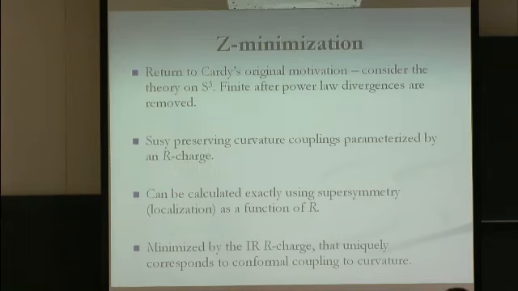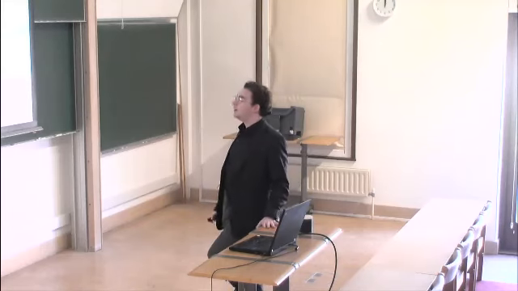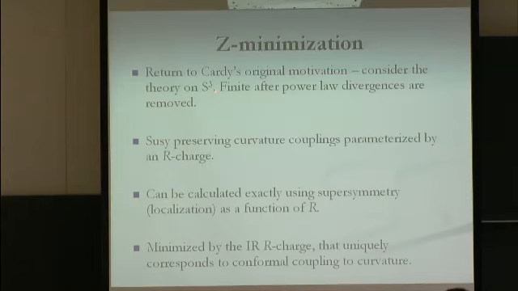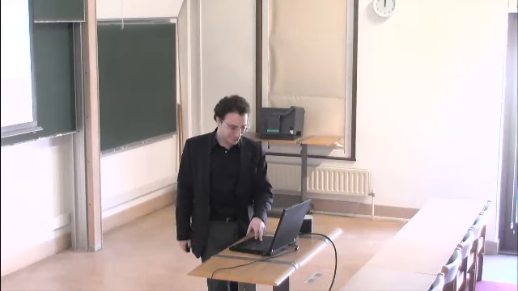And it will turn out that if you plug in the infrared superconformal one, you'll get the infrared answer for the S3 partition function, just like in the case of A in 4 dimensions. And moreover, it's also minimized by the infrared one, so it also determines that guy. So it's very analogous to 4 dimensions, just the expressions are a lot more complicated. It's not going to be a cubic function.